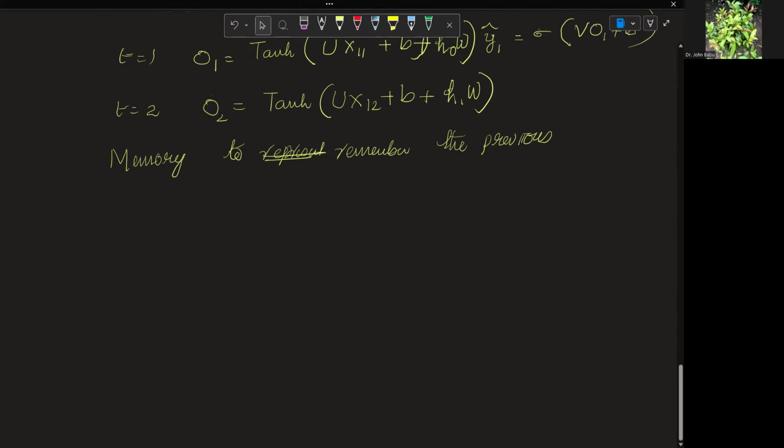So to generalize, don't bother about the notation, whether it is H1 or ON, that is not a big deal.